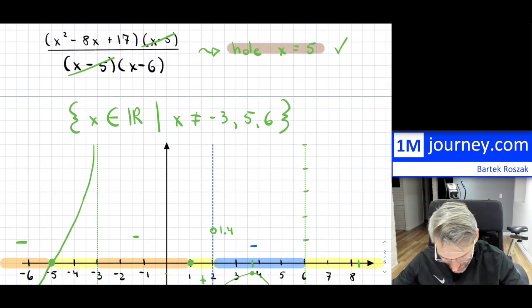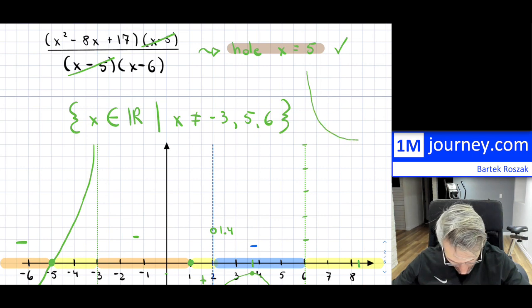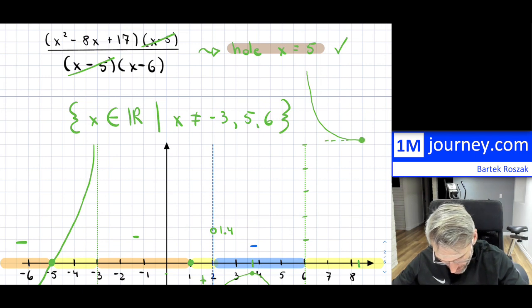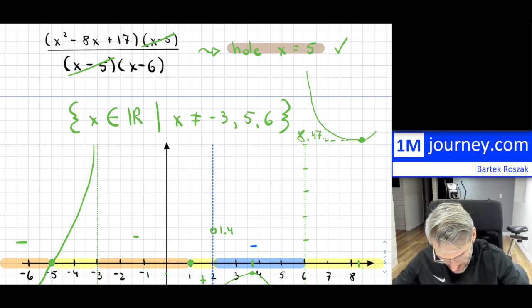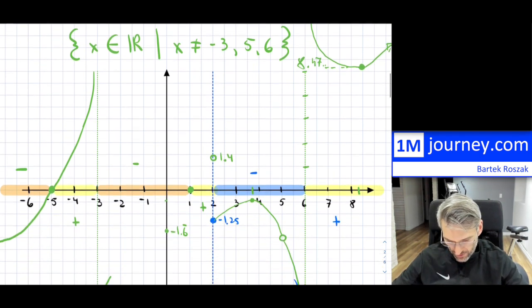I'm going to cheat a little bit. So I guess it goes like this. Let's assume that it basically hits that point, 8.47 or whatever it is. I scaled it down, and now it's going to take off in that direction. So that's how it's going to look there.